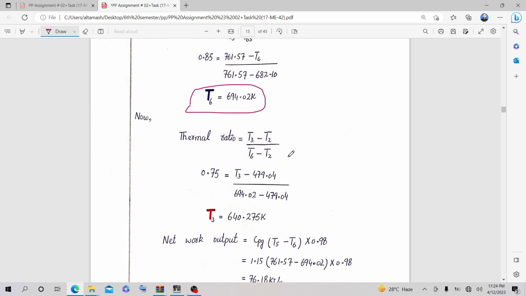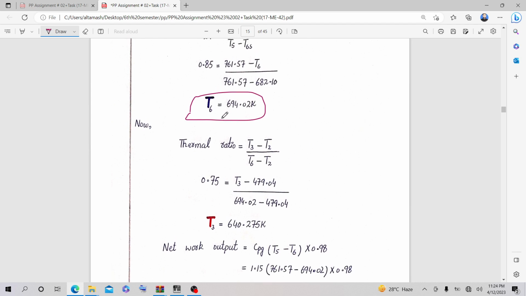T6 minus T2. T6 is the output of the low pressure turbine, the temperature at the output of the low pressure turbine, that we know. T2 we already know, that is the output of the compressor. T3, the output of the heat exchanger, we do not know.